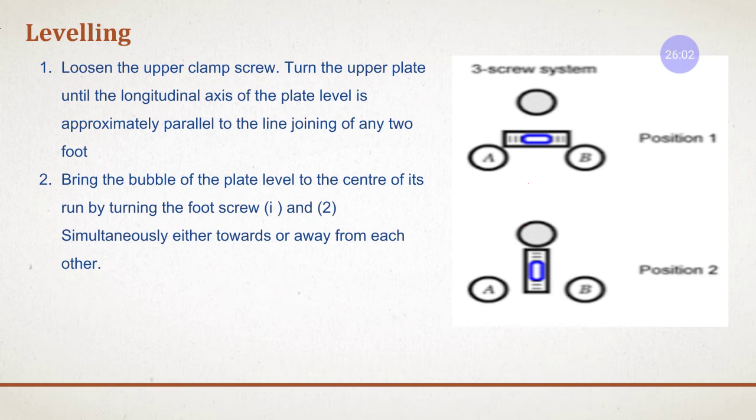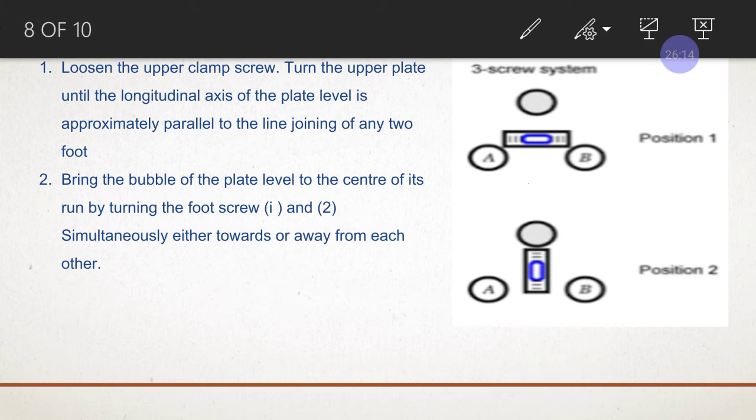right? Next, what you are going to do is, again, turn the plate level such that the bubble tube is perpendicular to the two foot screws which were previously used, right?